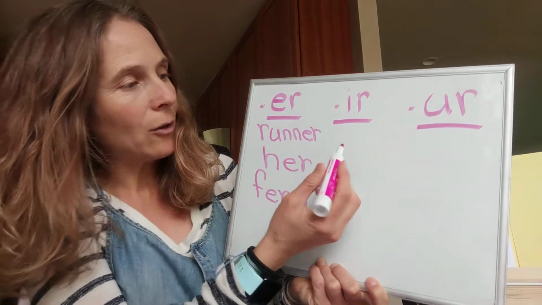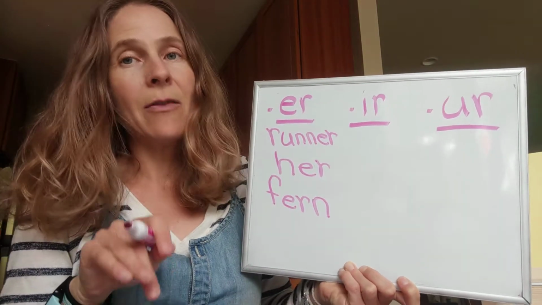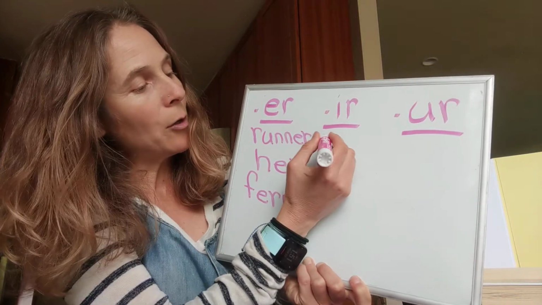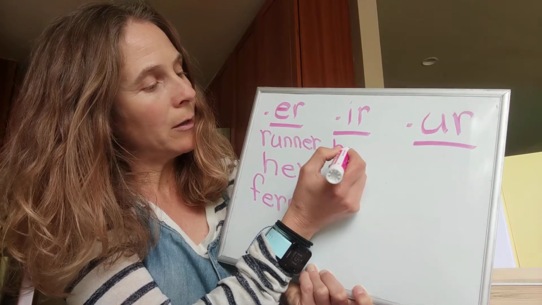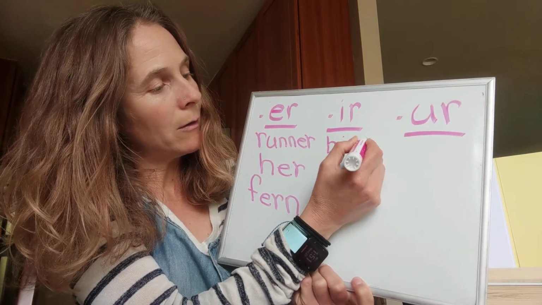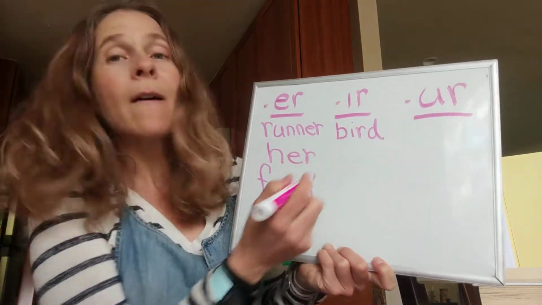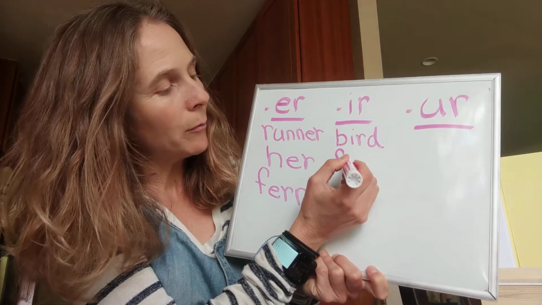Now let's take a look at IR. IR is usually in the middle of a word. So, for example, our keyword was bird. Bird. How about the word first? Like you came in first place.